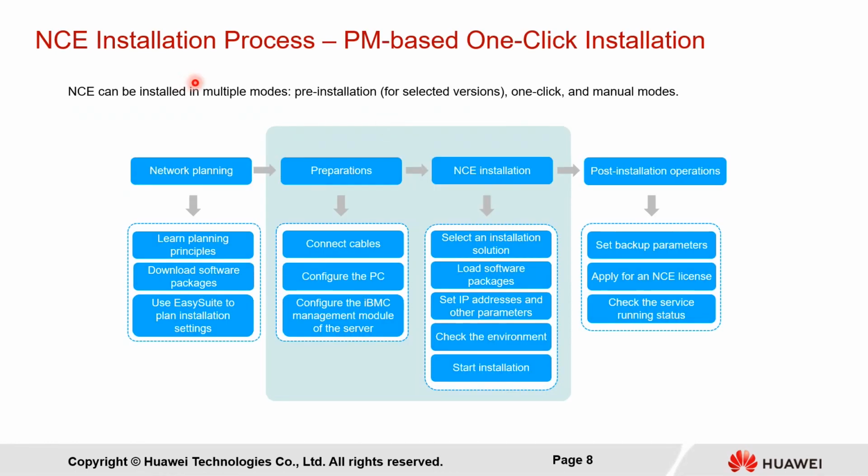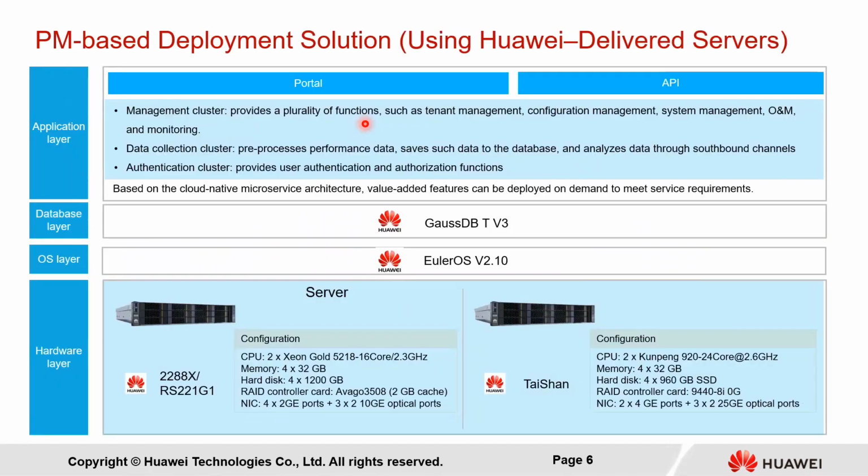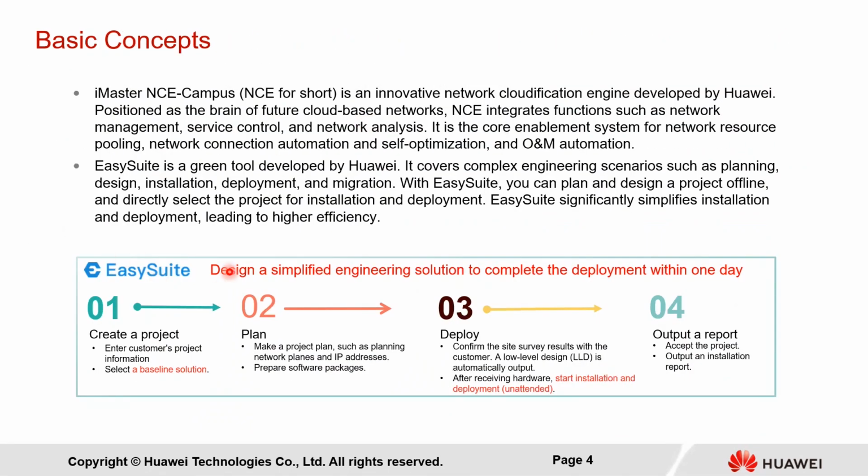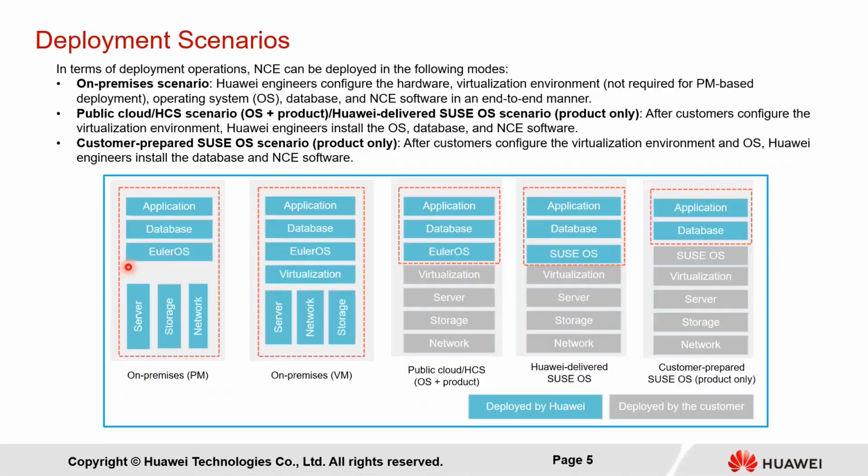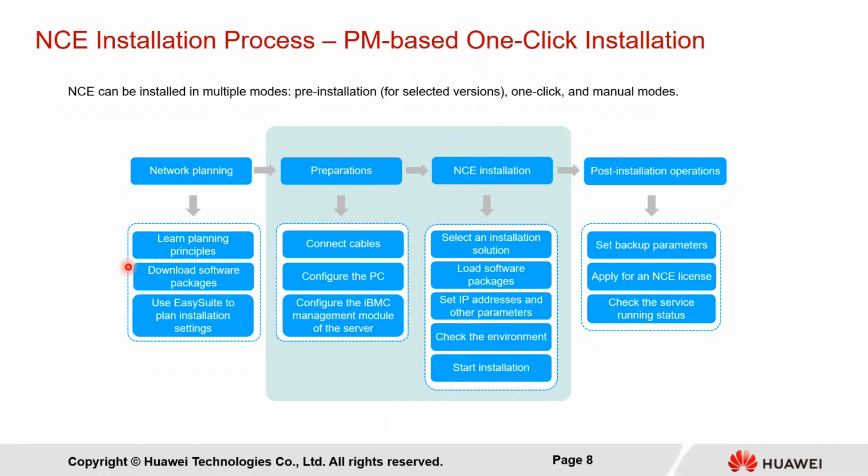In this solution, NCE together with the operating system can be installed using Easy Switch, the Easy Switch we just saw before. We're going to dive deeper into how to use Easy Switch, using actual screenshots, later in this session. And for now, yes, you will definitely get the PowerPoint after the session.